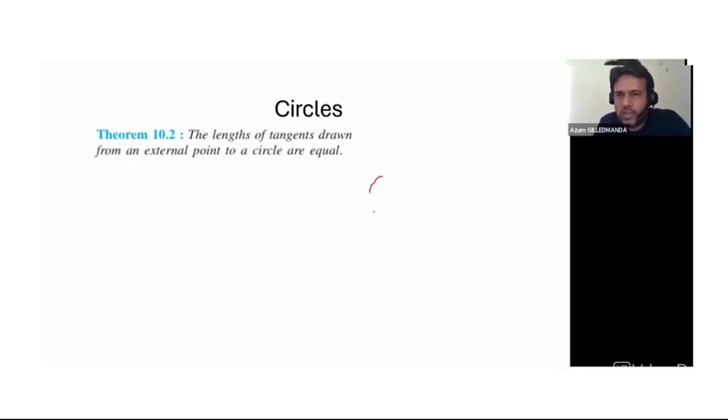Right. So let's say this is a circle, and let's say this is the center O. Now I have an external point. Let's say I'll take it on the same axis.